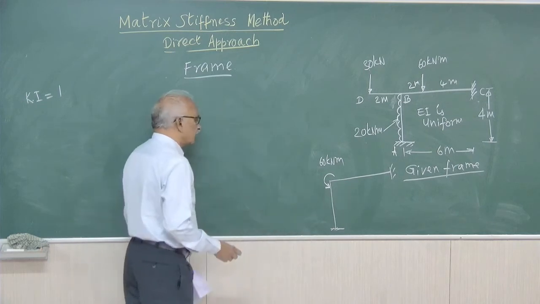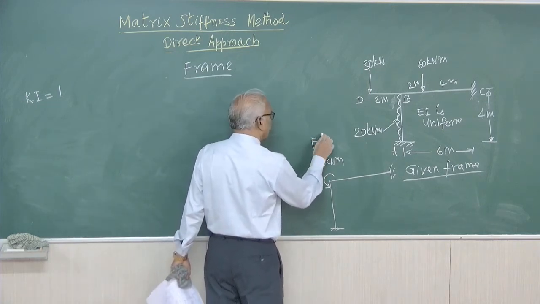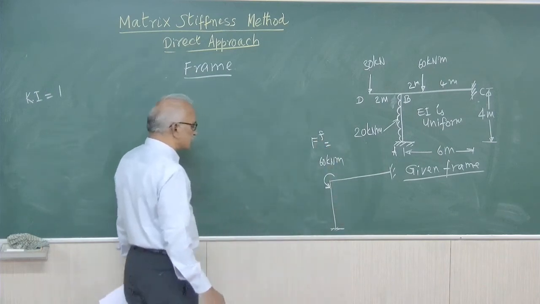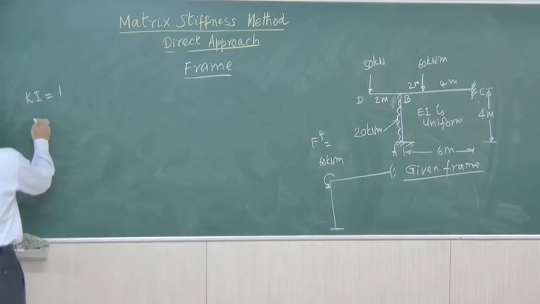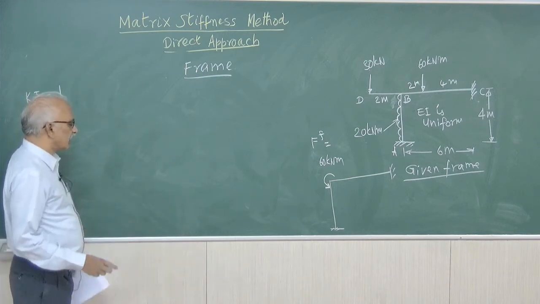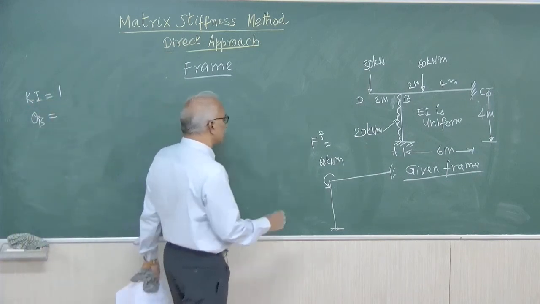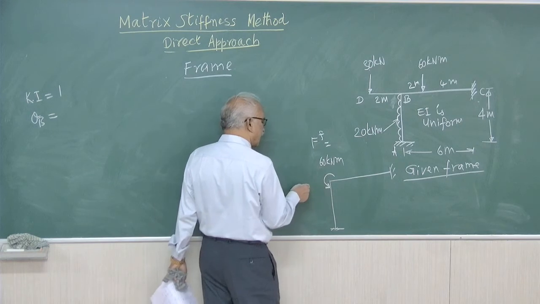So, this moment, which is anti-clockwise, will be considered as force applied at the system coordinate, because the system coordinate is going to be theta b only, k equal to 1, because theta b is the only possible displacement. Therefore, along the system coordinate, this is due to the external load that is on the overhanging part.